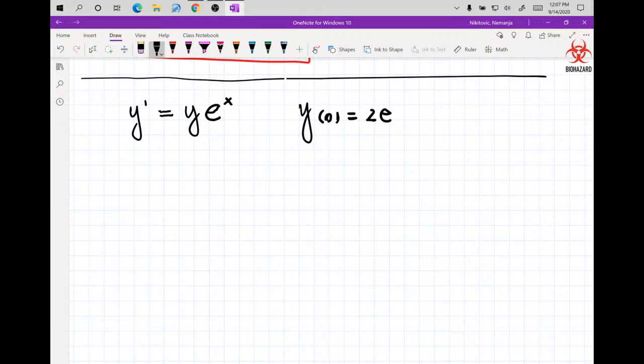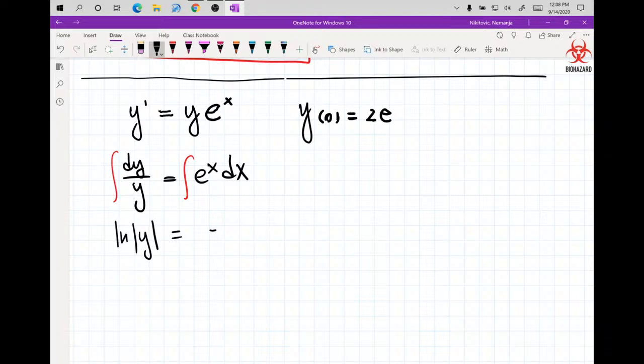So, separate the variables. We're going to have dy over y equal to e to the x dx. We hit both sides quickly with the integral sign. We get ln absolute y is equal to e to the x plus c.